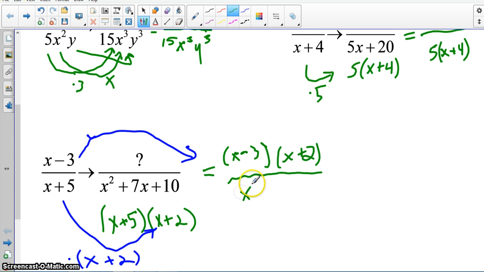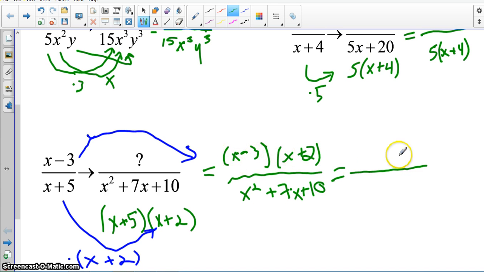I'll just leave the denominator the same. The reason I just did that and left it in here like this is that's what the answers in the back of the book look like, if I recall correctly. Not that it's super important, but it's not a bad idea to practice multiplication.